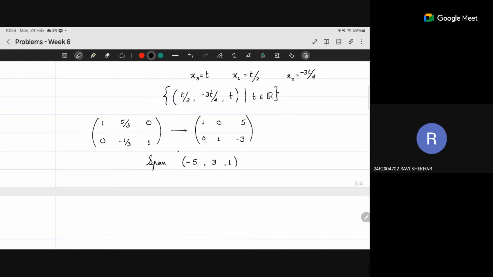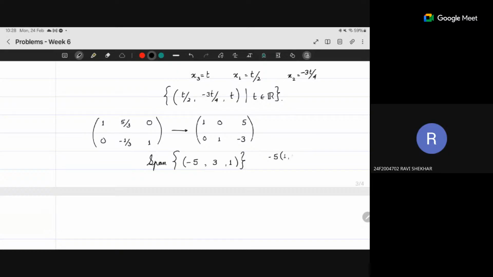Kernel is the span of 5, 3, 1. But it's not actually 5, 3, 1, it is the vector whose coordinates are minus 5, 3, 1. What is the vector whose coordinates are minus 5, 3, 1? The basis was 101, 110, and 001, if I remember correctly.